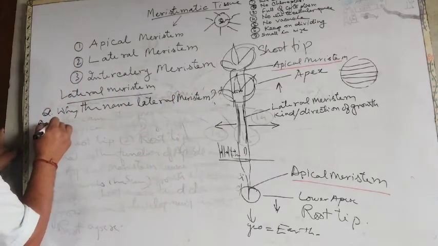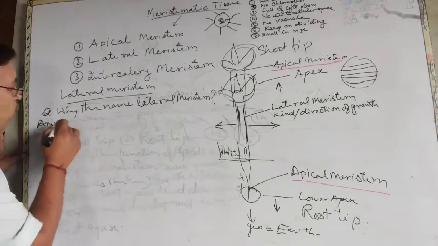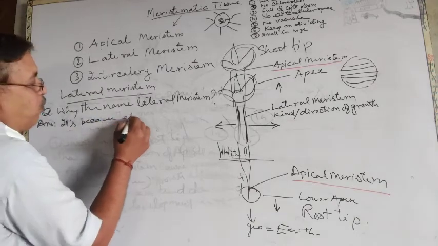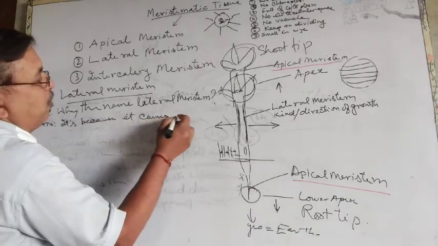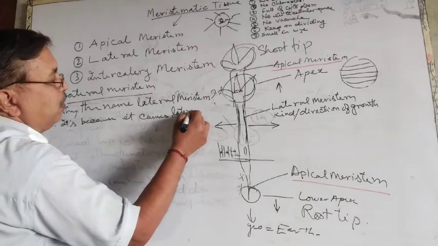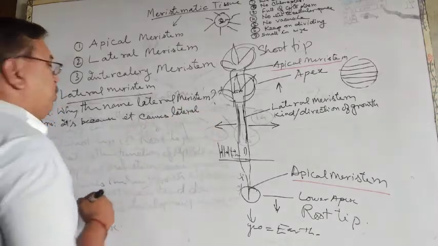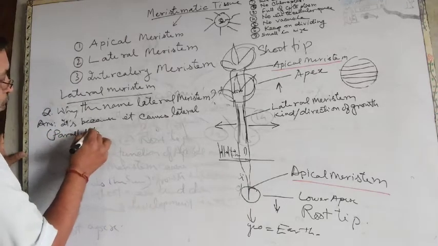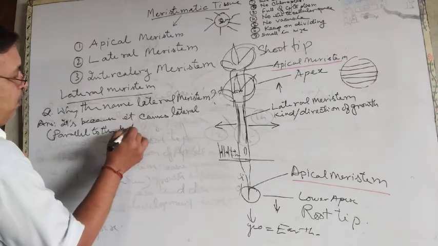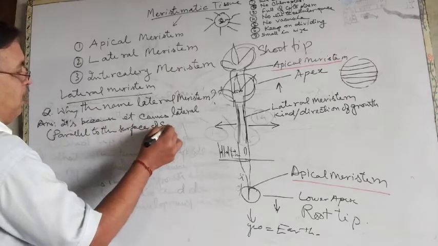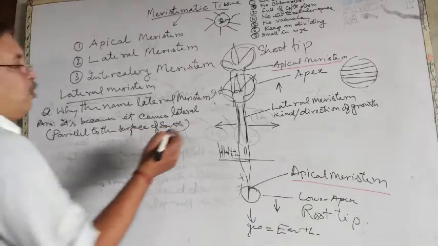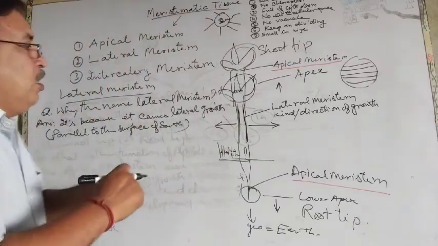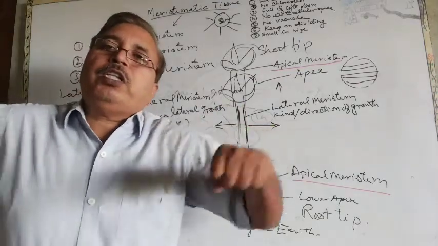Your answer is because it causes lateral growth, that is parallel to the surface of earth. It causes lateral growth and development, means it is responsible for the thickness of the plant.